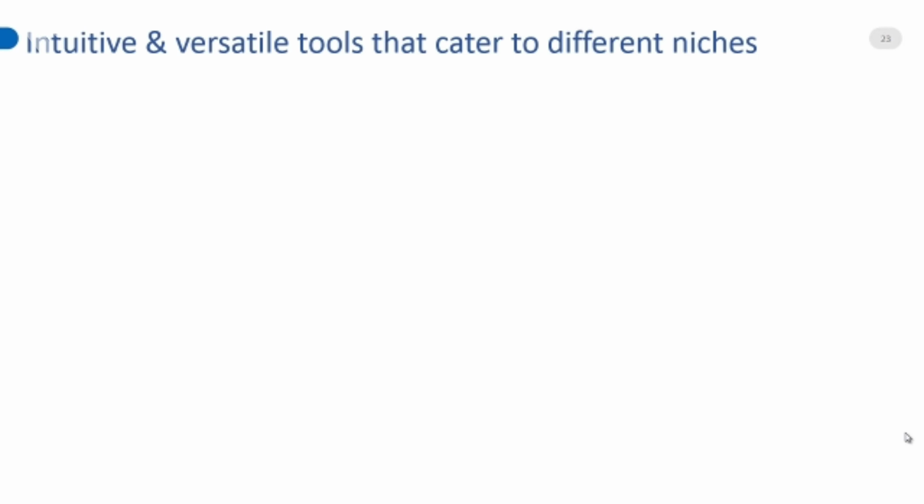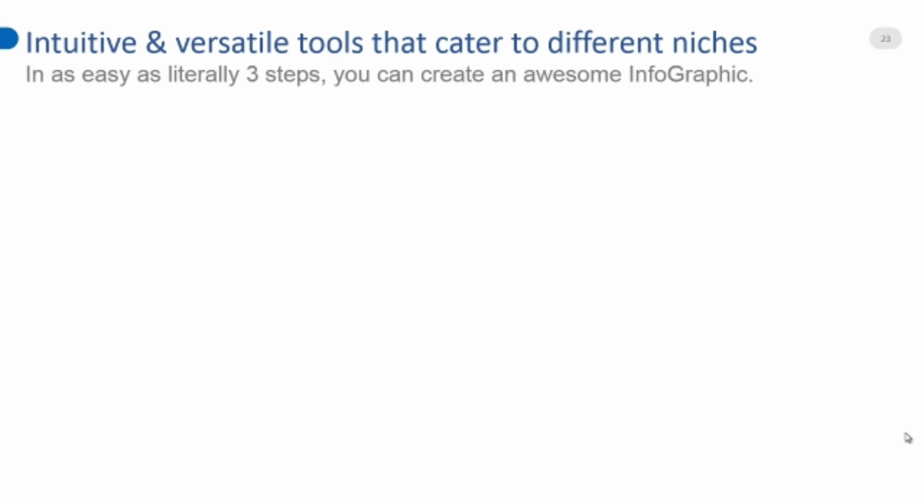I'm going to break down different tools and tell you how they work differently, so you can understand that they're intuitive, versatile, and cater to different niches as well. In as easy as literally 3 steps, you can create an awesome infographic.